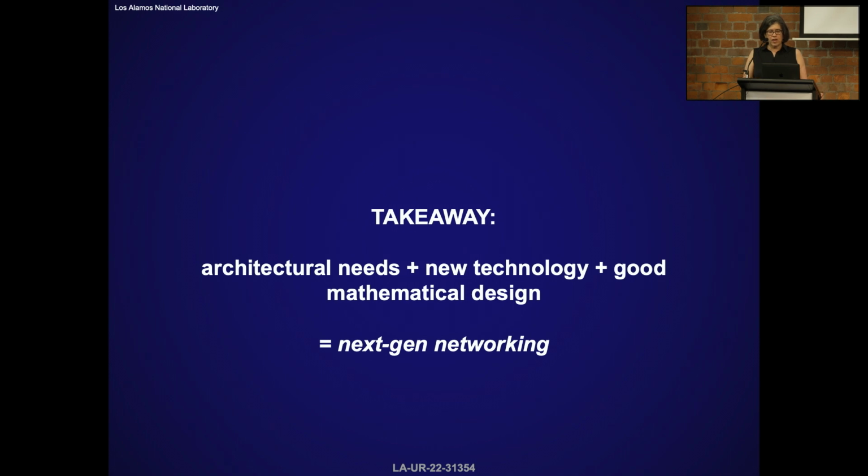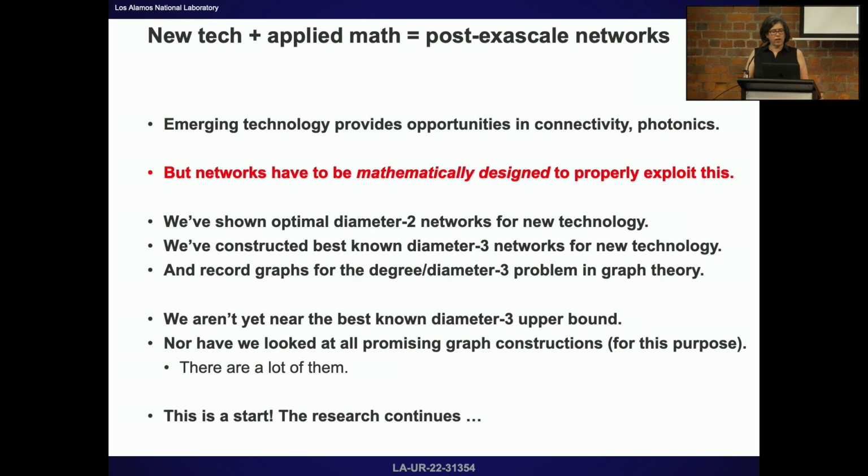And then good mathematical design gives you next-gen networking. So the basic point is emerging technologies give you opportunities, but the networks have to be mathematically designed. It's not going to be enough just to take a naive approach and put something together that kind of works. If you really want to maximize it, you have to have a mathematical approach.